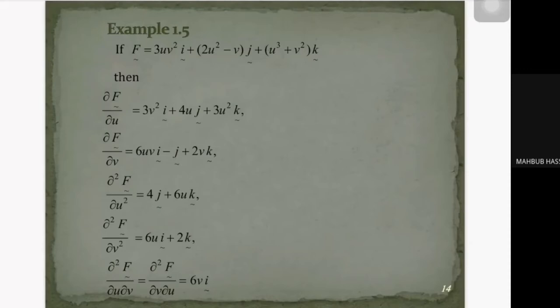So you get here 3v squared i. We differentiate this with respect to u, so you get 3v squared. And then differentiate this with respect to u, you get 2u. This is constant, so it will become 0. And then u to the power of 3 plus v squared, differentiate this, you will get 3u squared.